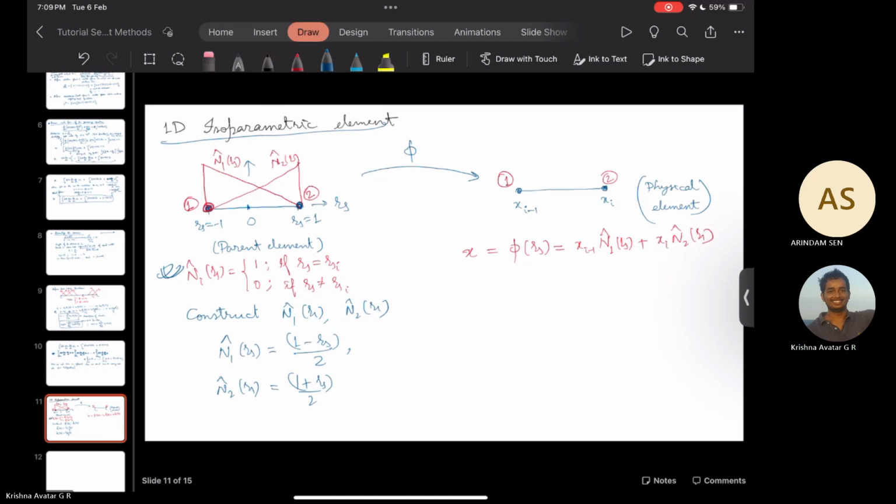Okay. Now once we have this, let me write x of z is equal to xi minus 1 into 1 minus z by 2 plus xi 1 plus z by 2.